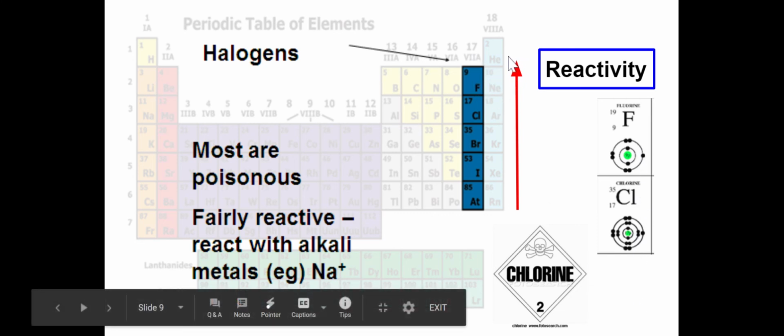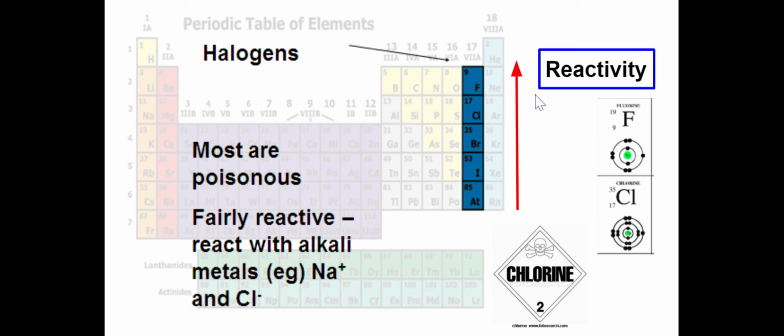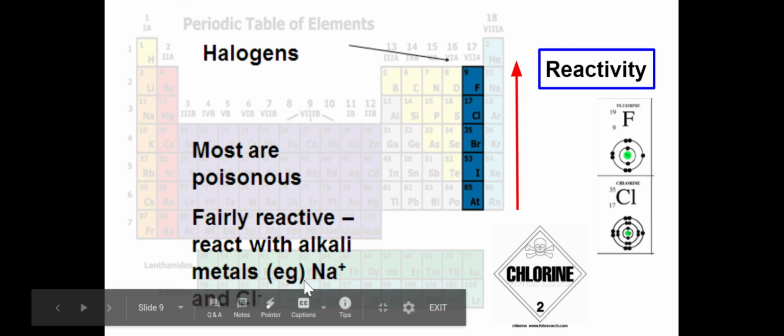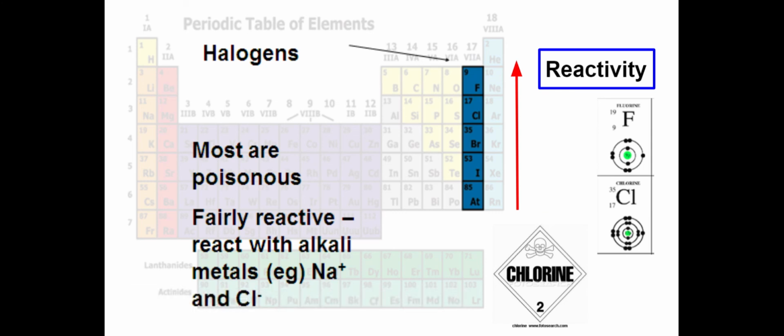Fluorine is actually the most reactive nonmetal. It's very easy to react with the alkali metals. That's why sodium and chlorine can form sodium chloride. They are also poisonous. Chlorine was used as a chemical weapon during the war.